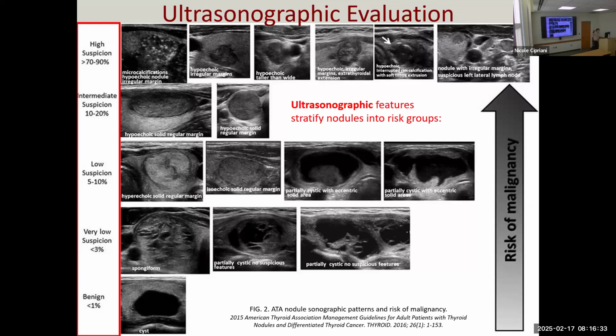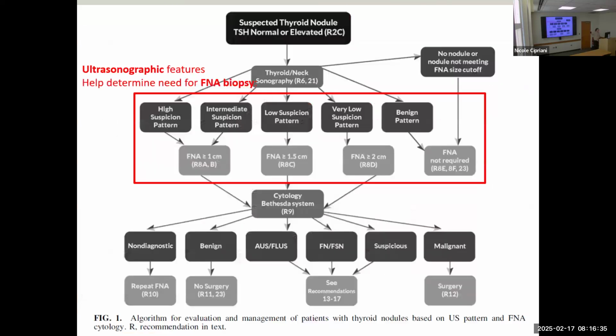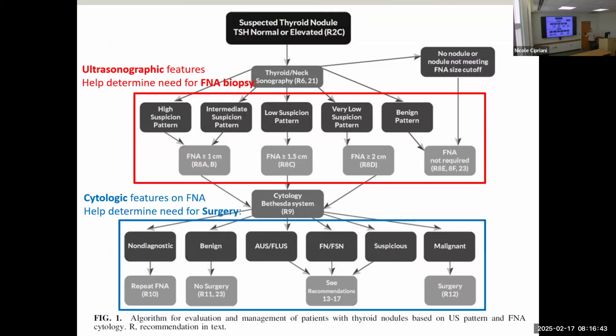So depending on what they see on ultrasound, that will then direct the need for a fine needle aspiration biopsy. So we know there's a TIRADS system, high meaning very suspicious, low meaning less suspicious. And so then ultrasound helps determine the need for FNA.